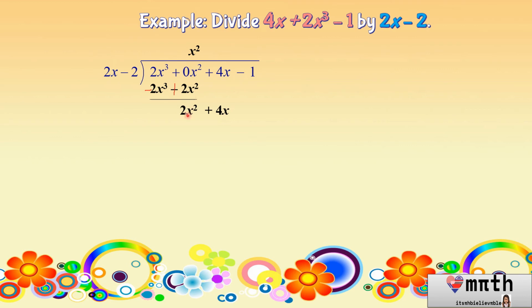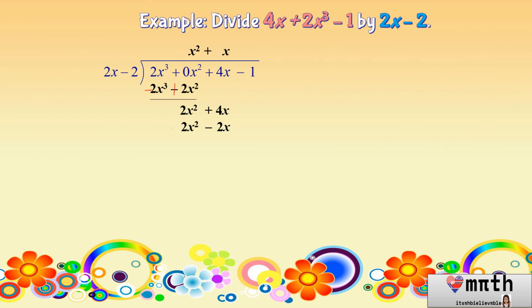Then, the first term by the first term, so 2x squared divided by 2x, that will be equal to x. Then, x times 2x, that will be 2x squared. Then, negative 2 times x, that will be negative 2x. Then, we're going to perform again the subtraction, but before that, let us change the sign.